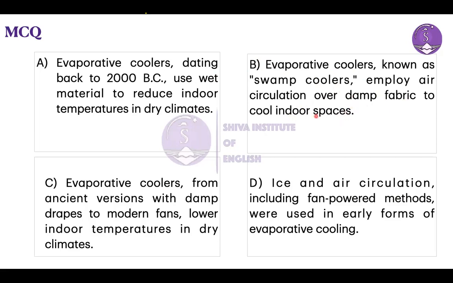This summary captures the essential information about evaporative cooling methods. So that's what you would find in option 2, which will be considered the most appropriate answer option to this. Hope you understand.